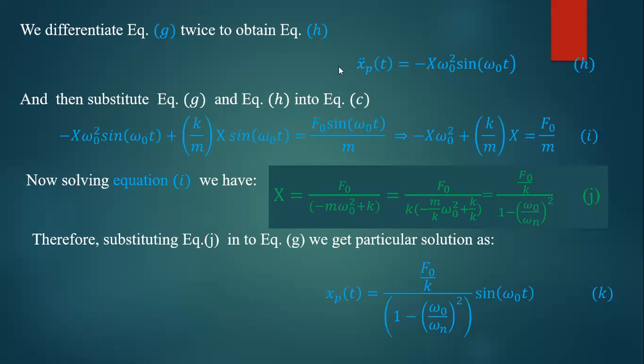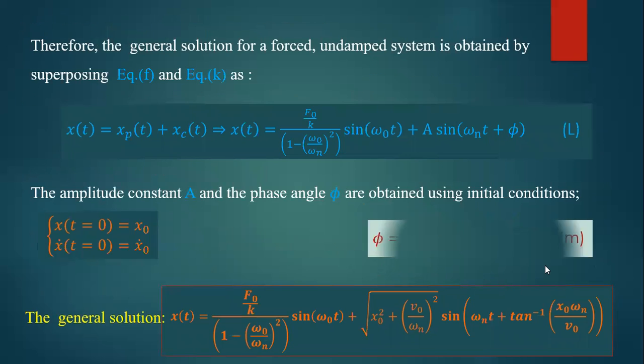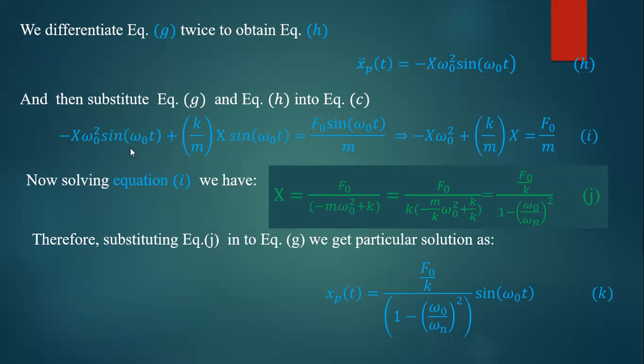So let's substitute h and this g into the main equation. Then finally we can obtain the particular solution, the constant amplitude X, by substituting x double dot p and x of p.